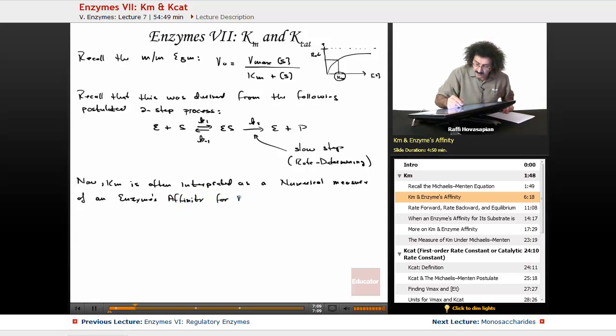So you'll often see Km interpreted as some numerical measure of an enzyme's affinity for its substrate.